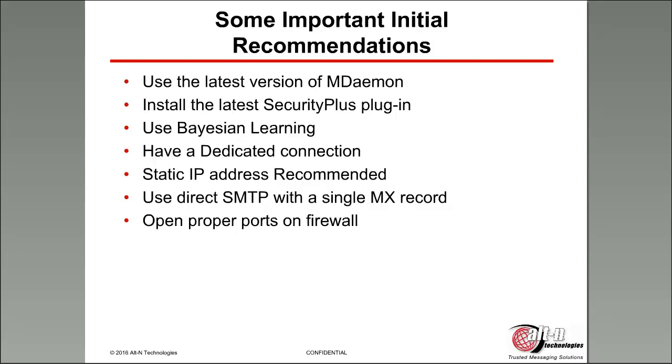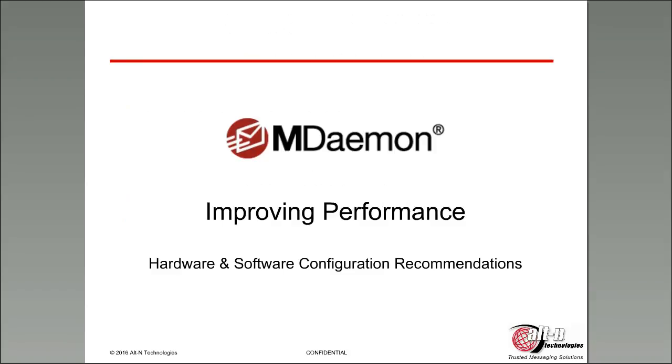It also needs to verify the sender's address, to validate the recipient's address, and to check the content and distribution patterns before accepting or rejecting a message during the SMTP session. So when you're collecting mail via domain POP, some of that information will not be available and can make your spam filter processes a little bit less effective. Also, make sure the proper ports are open on your firewall to allow inbound and outbound traffic.